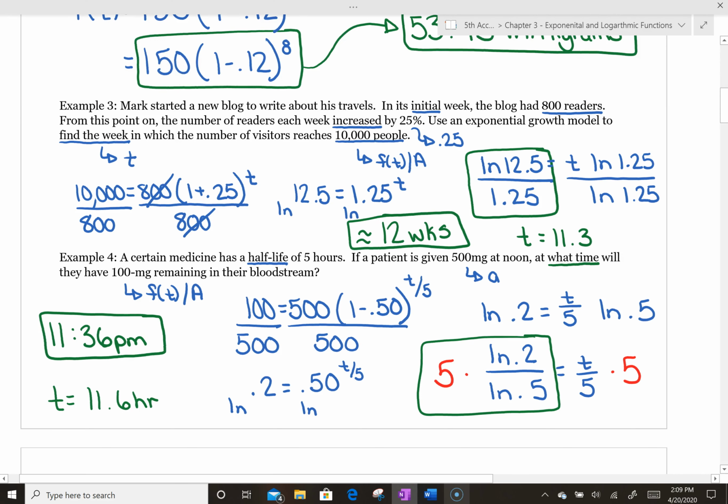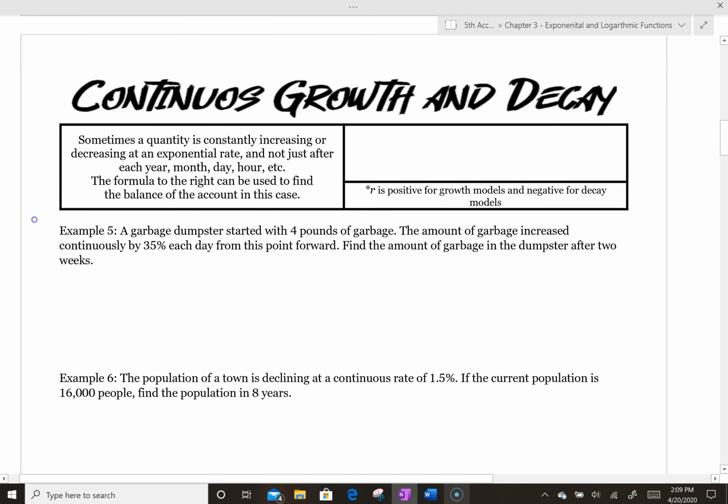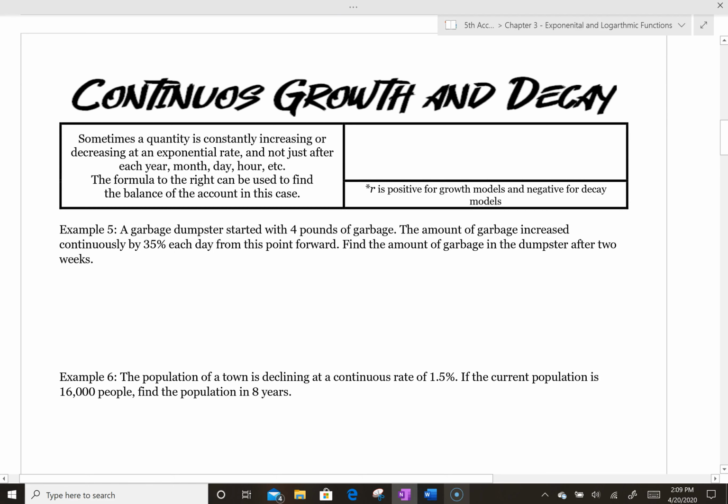Okay, hopefully those problems were okay for you. We're going to go to the next type. So this one is continuous growth and decay. This will be the actual same formula that we use in just a second. I like continuous because if you can think of continuous as PERT, you will never forget it, and this is why.